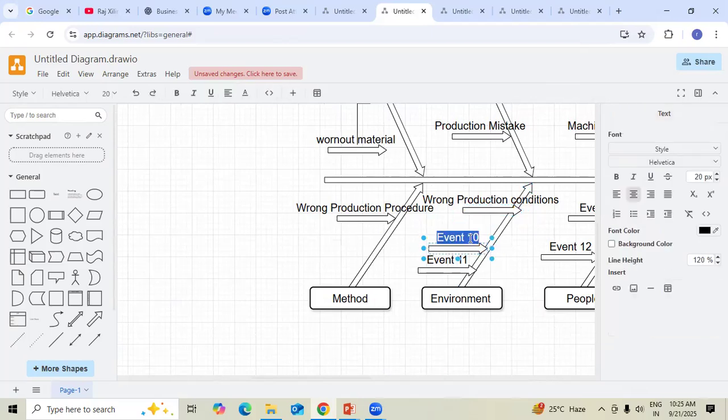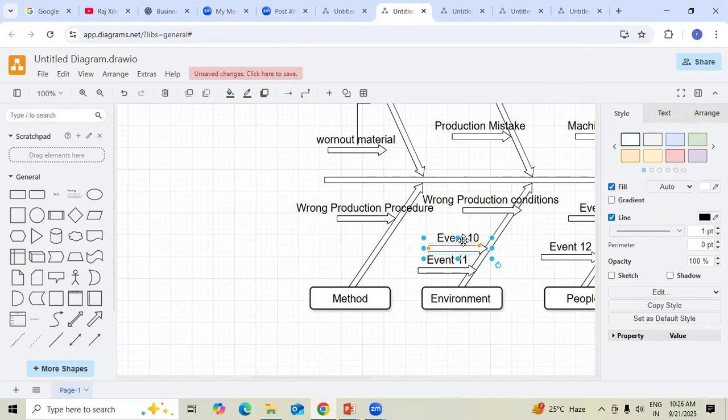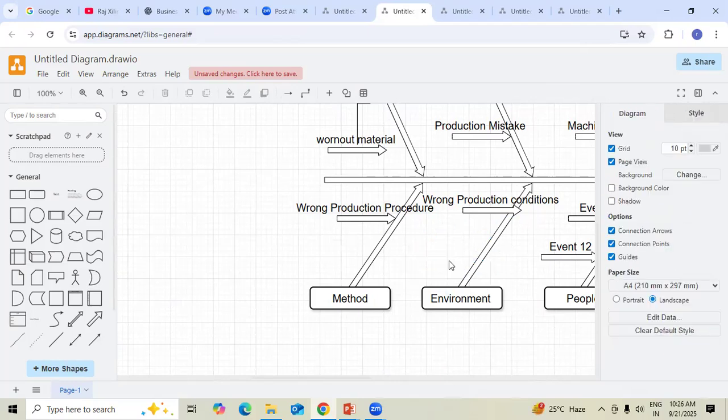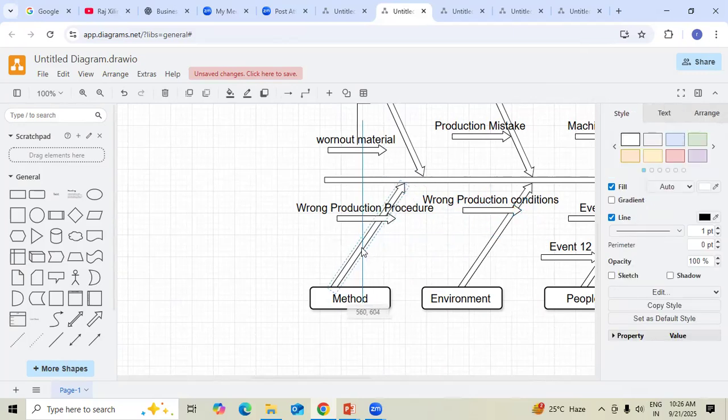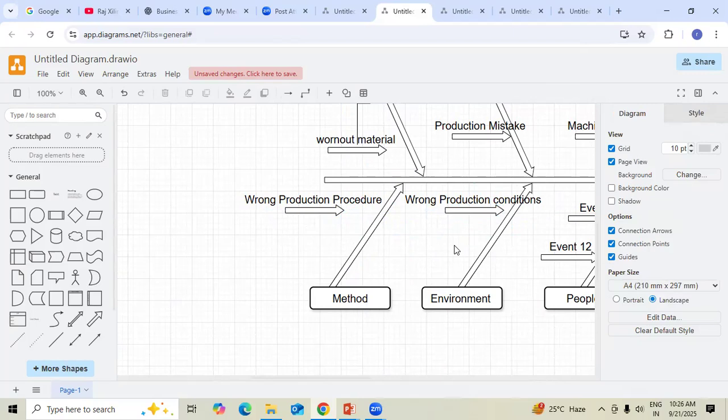These are not events, but I'm adding some extension to the existing one. If there are any kind of extensions, we can add them. So let us not take this into consideration. Okay. So wrong production conditions.